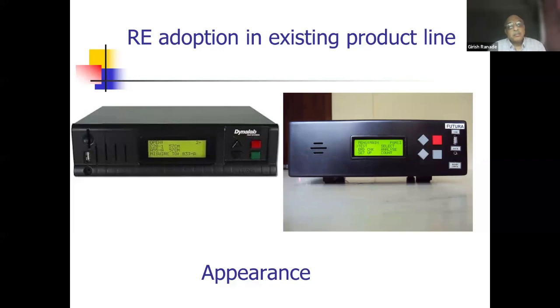So what I did was I imported this particular tester on the left hand side. I still have that tester, and we copied part of it, and now my tester looks like on the right hand side. This design is almost 12-13 years old, but still it is quite popular, and people really appreciate it.